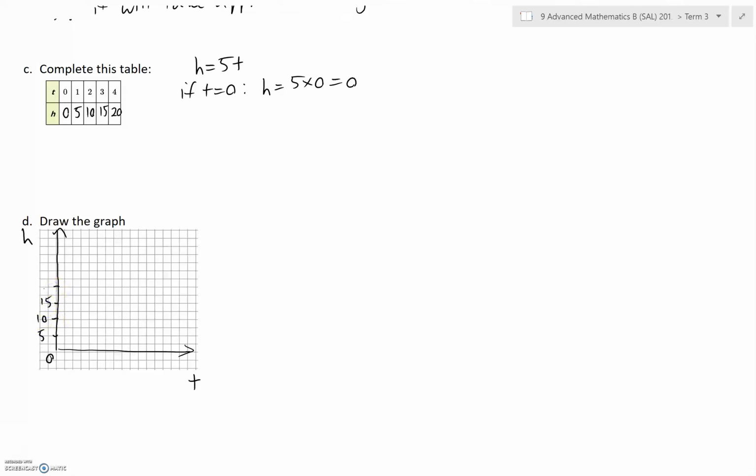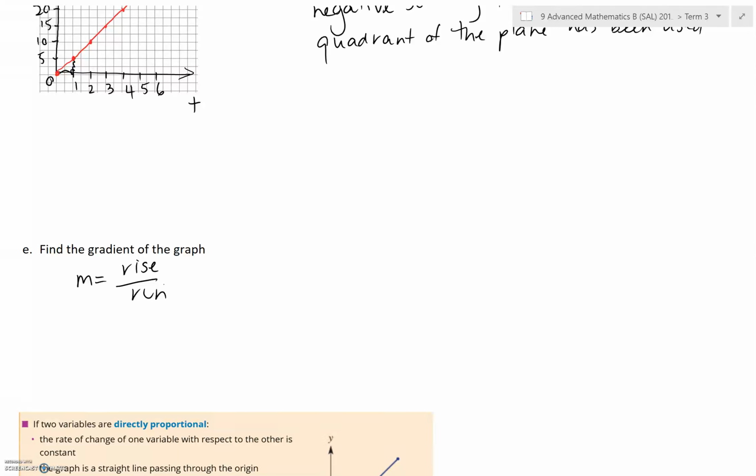So the last part says find the gradient of the graph. So you will remember that gradient is rise over run. Well, I hope you remember. So there's 2 ways you can do that. You can read it off the graph, or you could use that formula I taught you, which was y2 minus y1 over x2 minus x1.